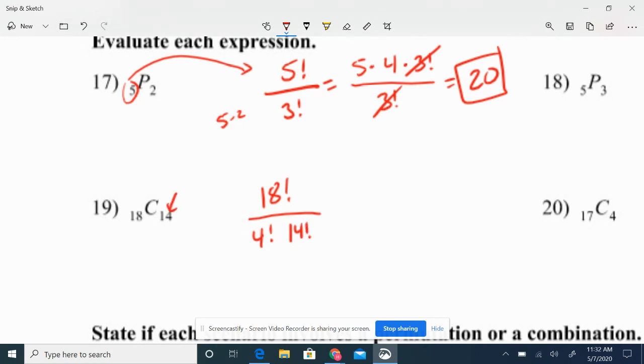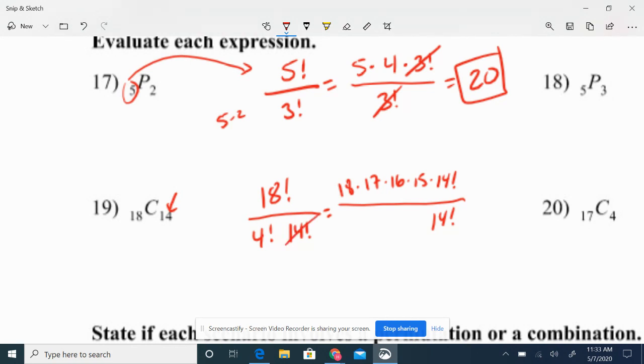My second number, I have it at the bottom. So all right, 18 factorial. That is 18 times 17 times 16 times 15 times 14 factorial. Notice I'm stopping at 14 factorial because I have a 14 factorial at the bottom.